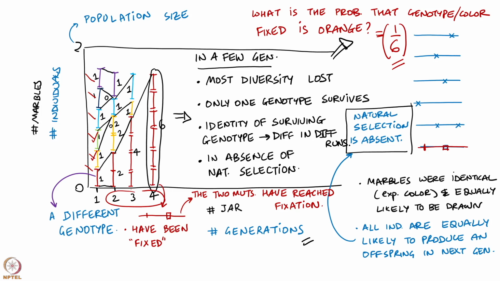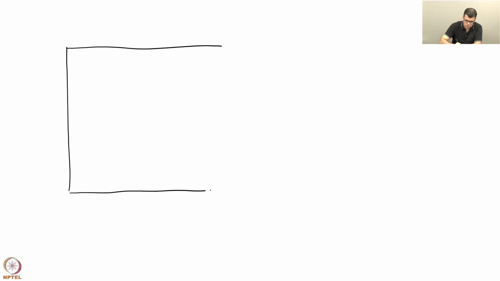Let us do one more idea behind this marbles in a jar equivalent analogy of evolutionary process before we wrap up this lecture. Imagine in one run of this, so now this is generations, and this is population. Let us say population goes from 0 to n.